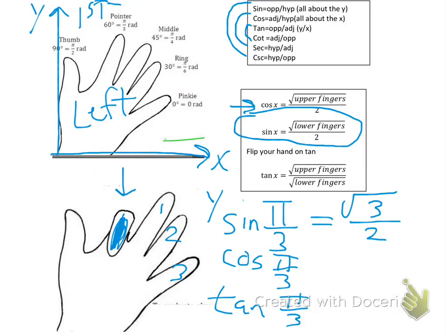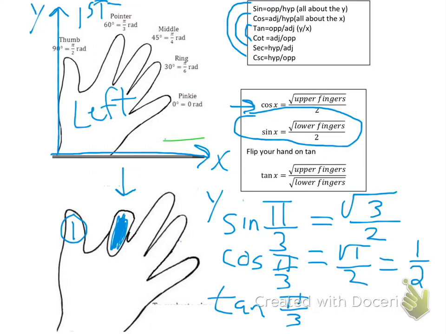Okay, let's take a look at what cosine would be. Well, you still have this pi over 3 finger bent, and the fingers that are above on your left hand would just be this 1, right? So it's going to be equal to the square root of 1 divided by 2, and of course the square root of 1 is 1, so simplify when you can.